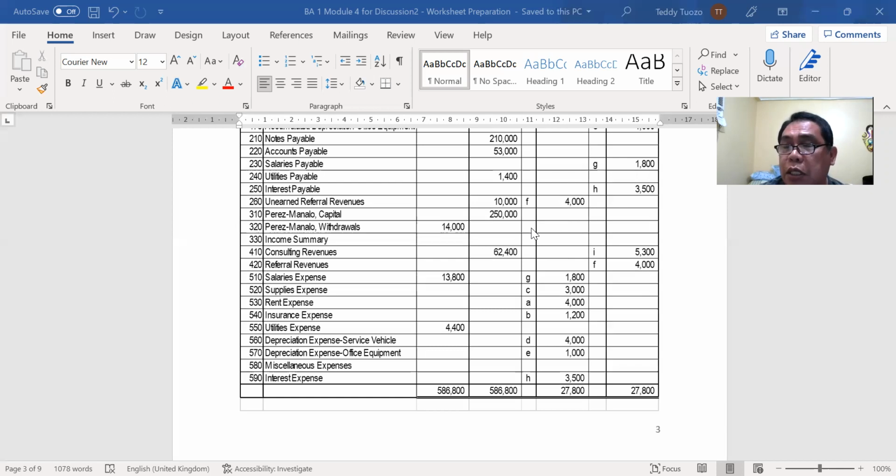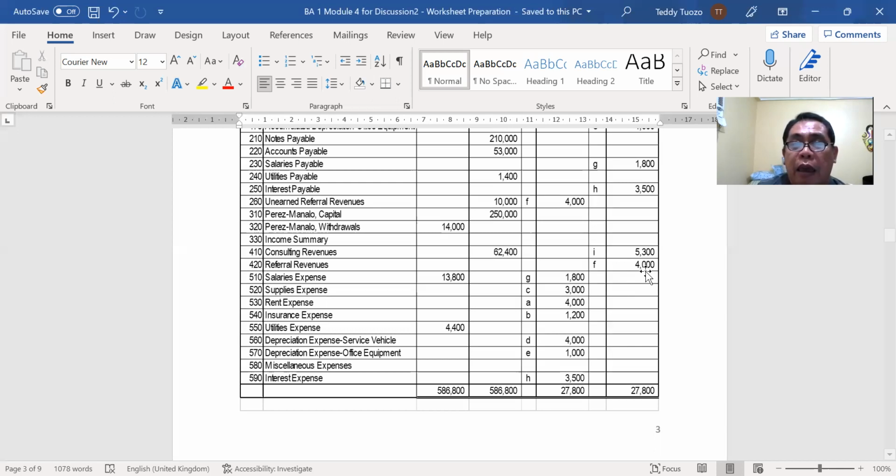And when we reverse, to recognize the revenue, then we debit the unearned referral revenues account. So debit 4,000 and credit to the referral income or revenues for 4,000. Again, debit to unearned referral revenues and credit to referral revenues, which is an income account.